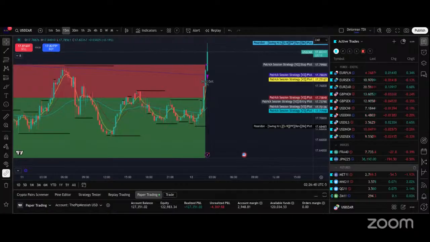Should be coming up on a few minutes left. About 3 minutes to the next candle.